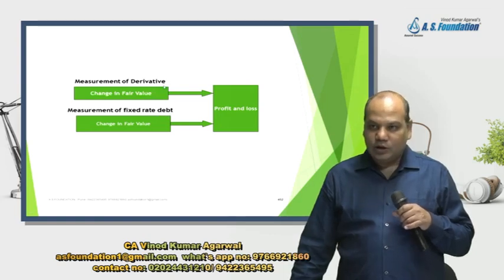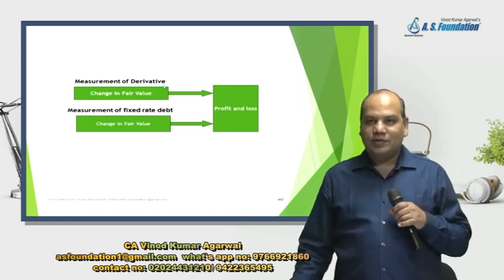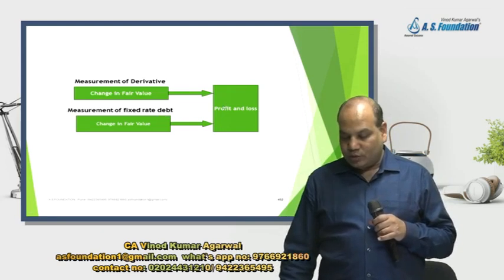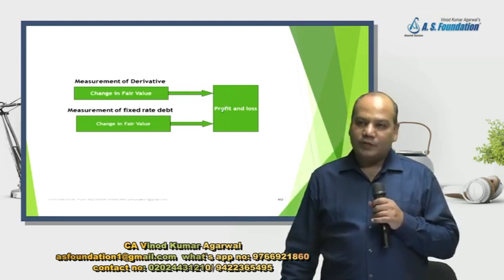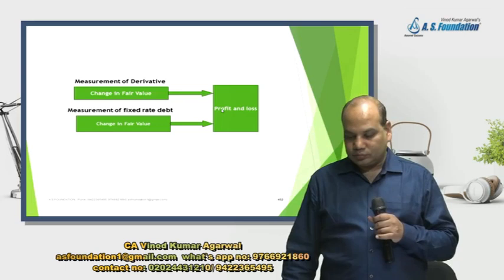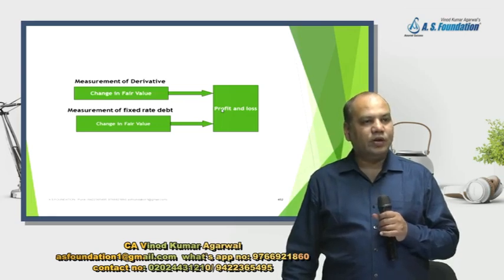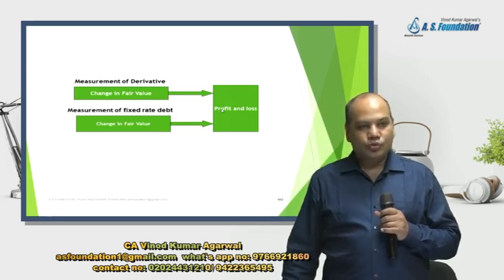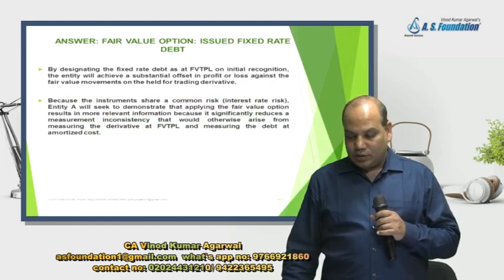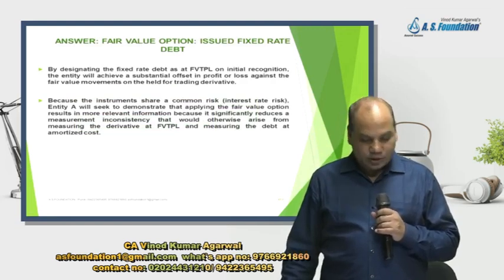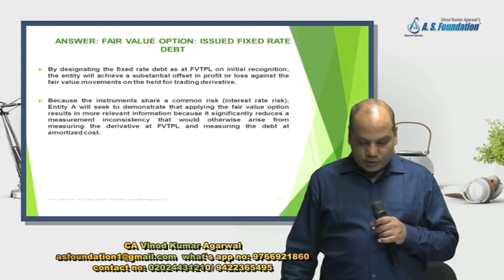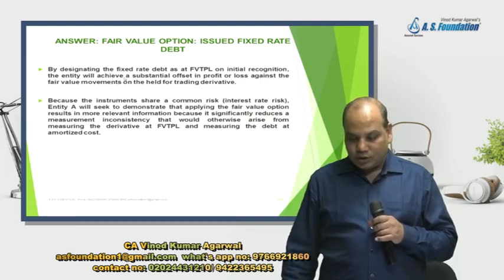There will be a gain on derivative, and vice versa, so that you have a minimum impact in the profit and loss account. So this is the reason why a management can choose to designate a debt instrument in FVTPL category. Okay, and see the answer is also written for you, don't write.